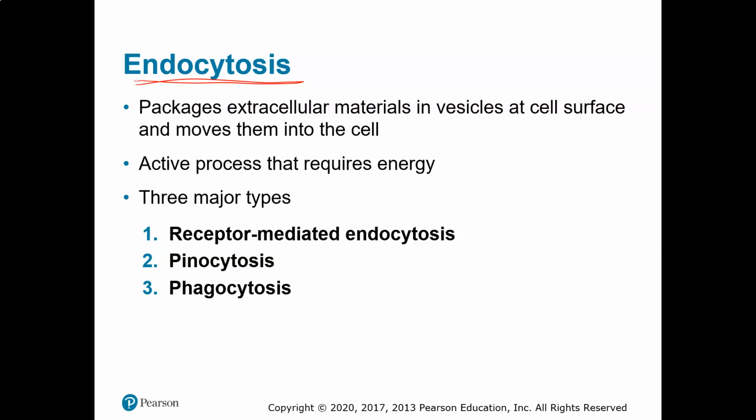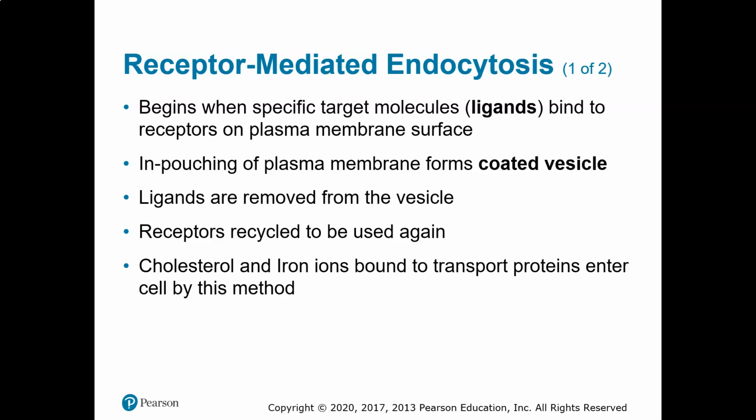There are three types of endocytosis: receptor-mediated endocytosis, pinocytosis, which is like cell drinking, and phagocytosis, which is like cell eating. Receptor-mediated endocytosis brings in a specific type of molecule that binds.